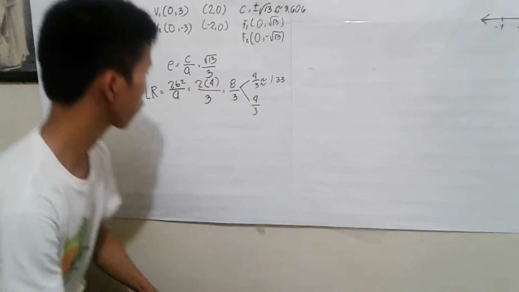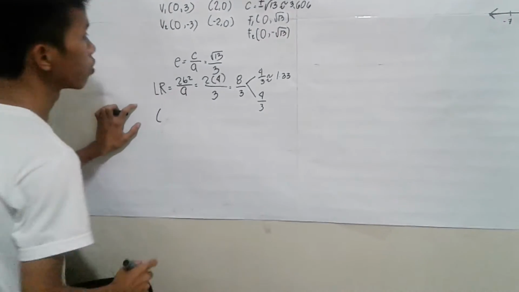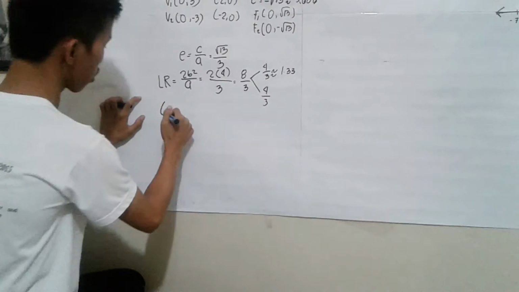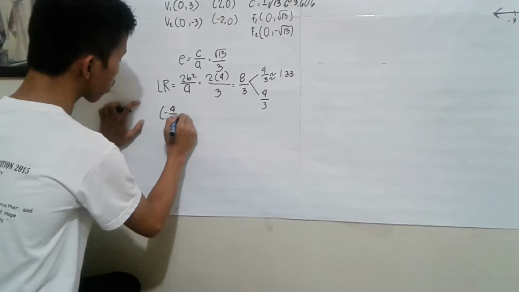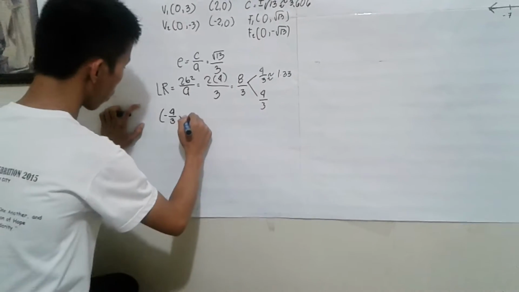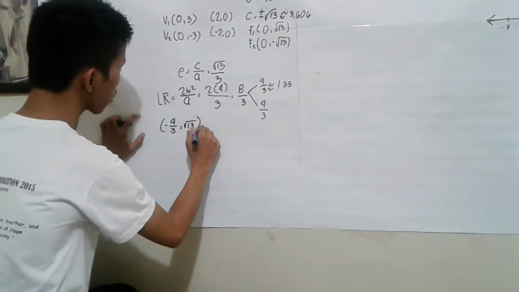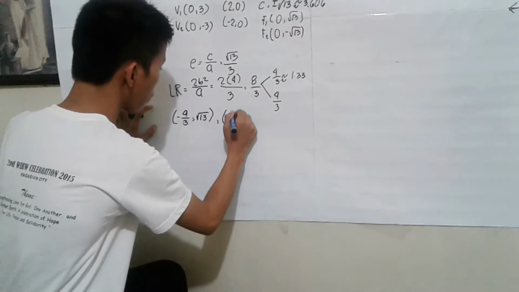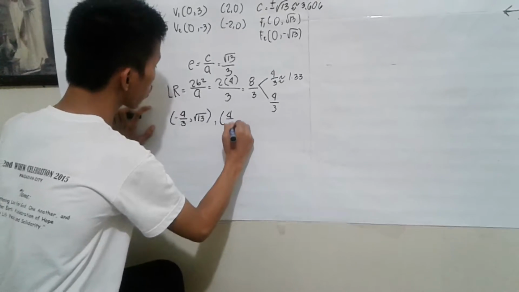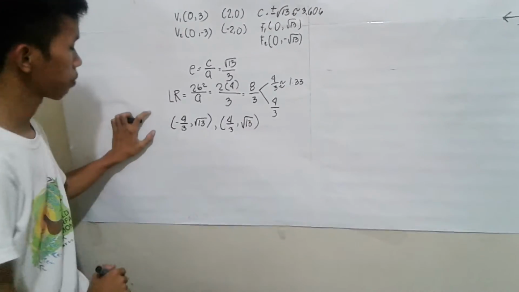So in quadrant 2 is negative 4 over 3, comma, and positive square root of 13. Next, in quadrant 1 is positive 4 over 3 and positive square root of 13.